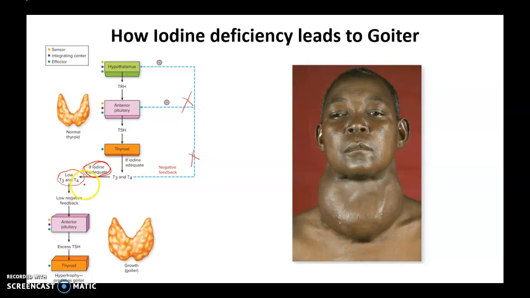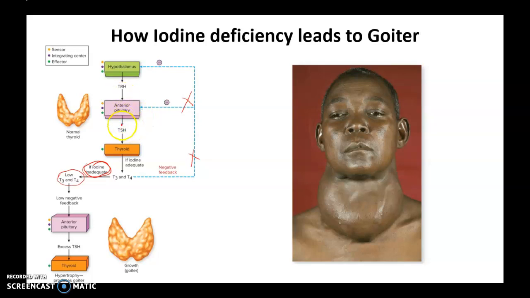And therefore, since you have low negative feedback or no negative feedback, that tells the anterior pituitary to release more TSH. So the anterior pituitary is confused. It will think, oh my God, there is no T3 and T4. So what do I need to do?